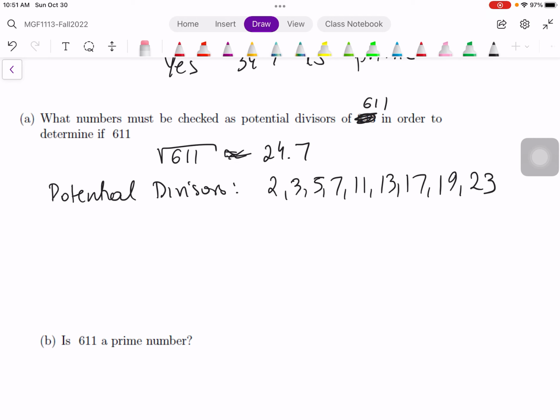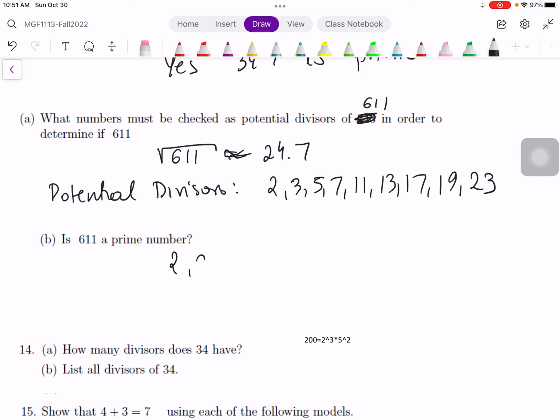Okay, so let's go one by one. You grab a calculator, or in some cases you can just assess by looking at the number. It's not divisible by 2, it's not divisible by 3 because the sum of digits is 8, and not divisible by 5 because the last digit would have to be 0 or 5. Now, is it divisible by 7? You can check, no. Is it divisible by 11? We have a test for that, or you can use a calculator.